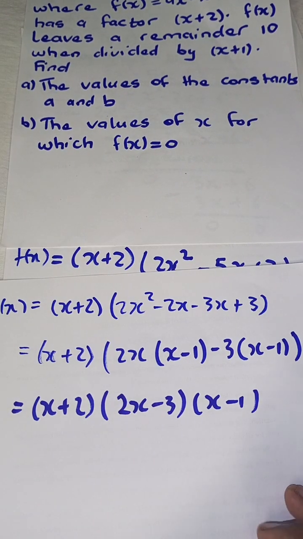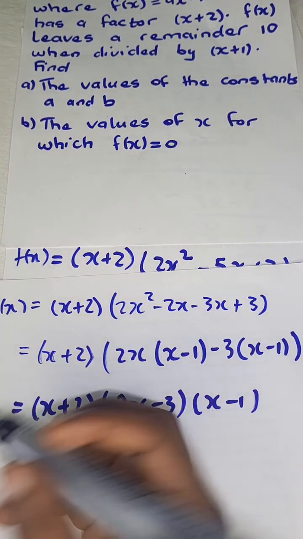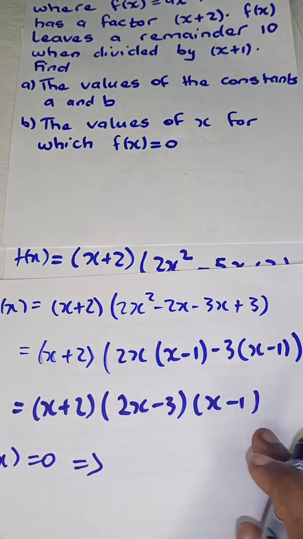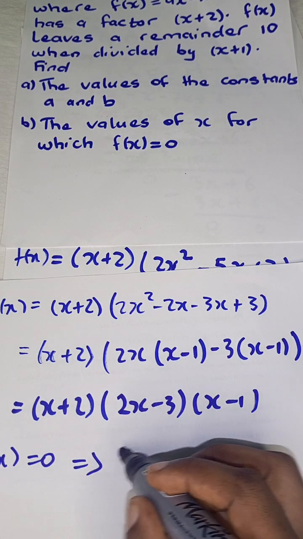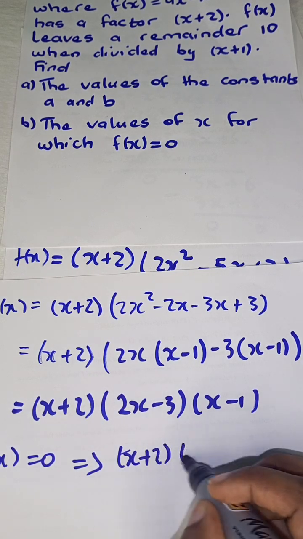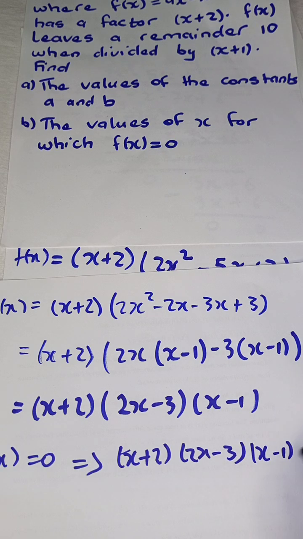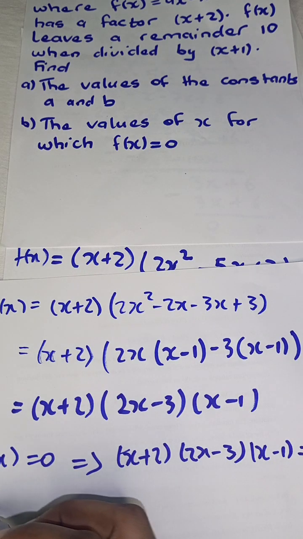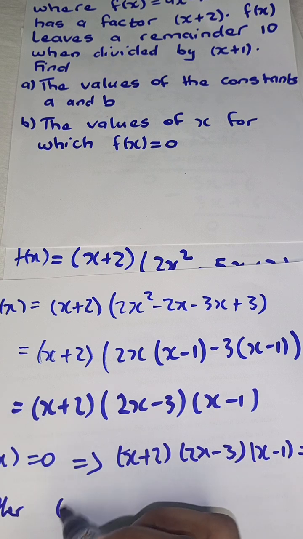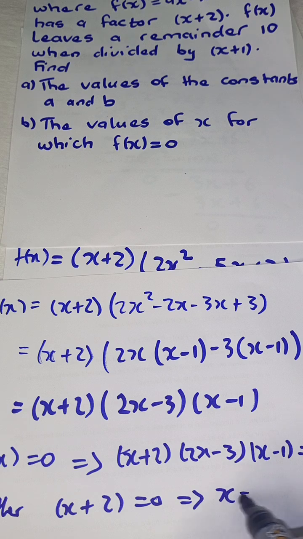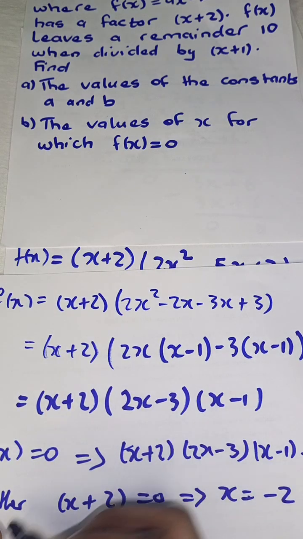So we're looking for the values of x for which f of x equals 0. So f of x equals 0 will imply that all of this equals 0. So we imply that x plus 2 into 2x minus 3 into x minus 1 equals 0. So in this case, either x plus 2 equals 0, implying x equals negative 2. This we already know because the question said that x plus 2 was a factor.